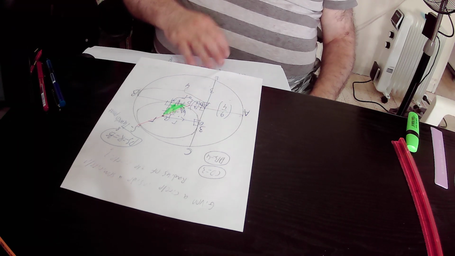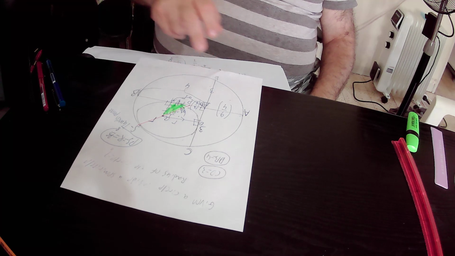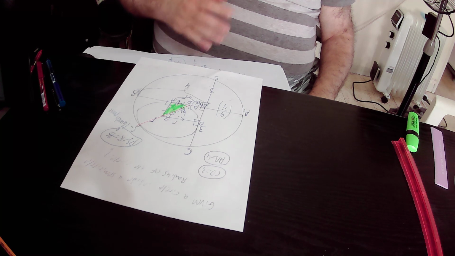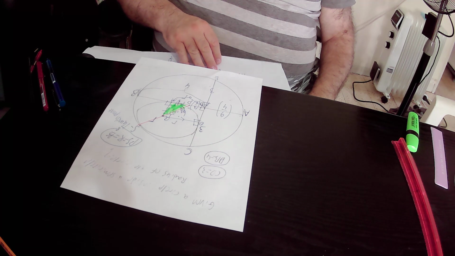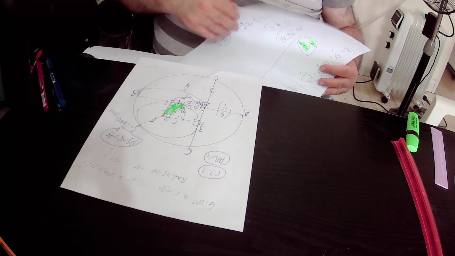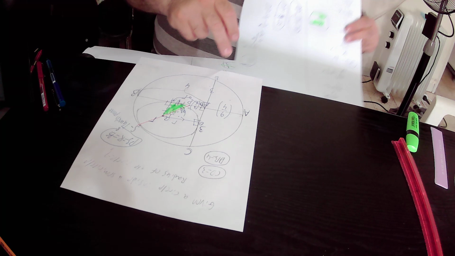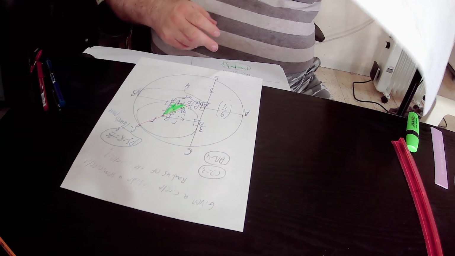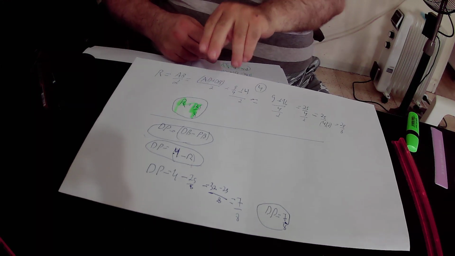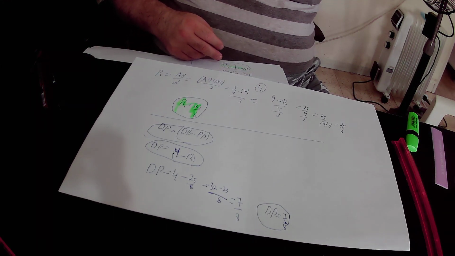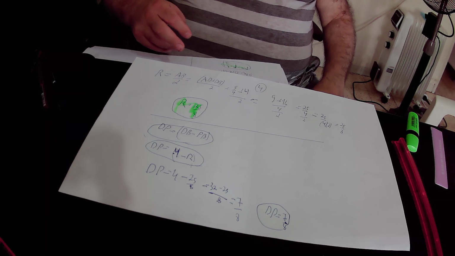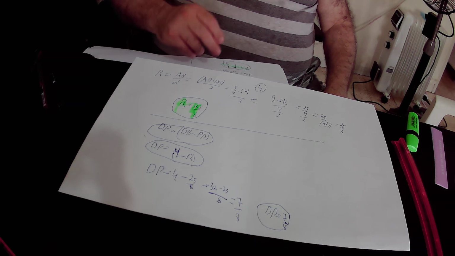Then we know that AB is the diameter of the circle and also the diameter of the semicircles. The diameter of any circle or semicircle is twice as long as the radius. The circle and the semicircles have the same radius, so we define the radius of the semicircles and the circle as capital R. And capital R will be equal to the diameter, AB, over 2.